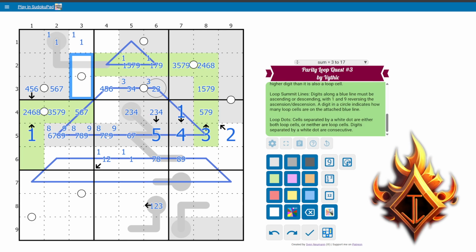That would work. 9 is in one of these. 9 can be there too, though. Oh man, so tricky. If that goes that way, that is 5. That would be even. So that would be 7, so that would be 6.